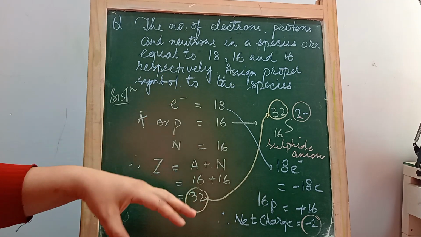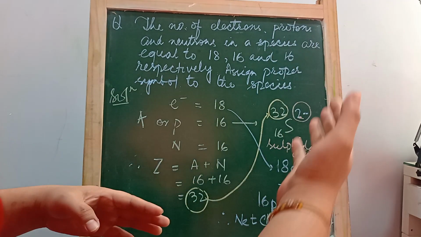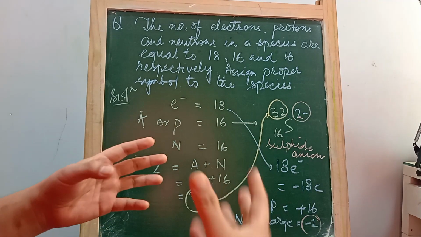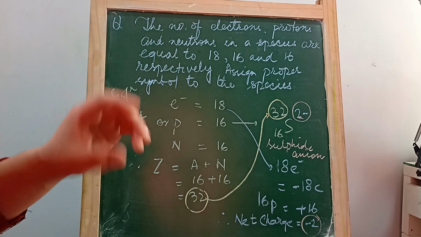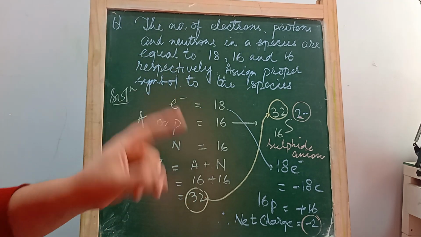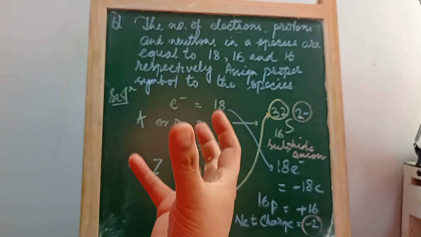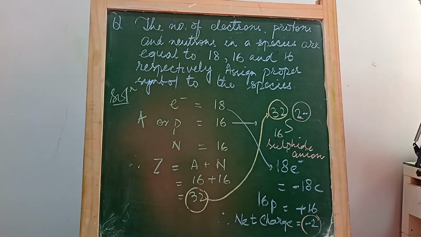The only difference is that the charge on the electron is negative and on the proton is positive, but the magnitude is the same.